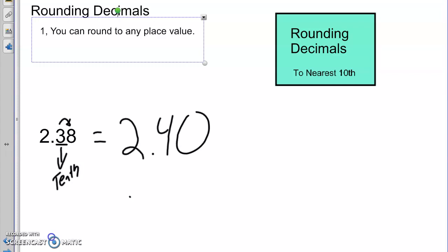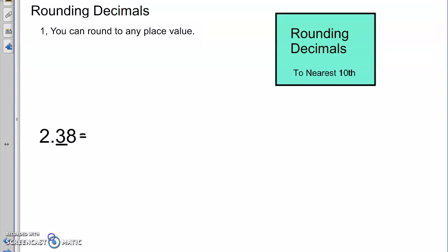You could say 2 and 40 hundredths, but you don't need that because 2 and 4 tenths equals 2 and 40 hundredths. We don't like to write the zeros to the right of the decimal if we don't need them. So 2 and 38 hundredths rounds to 2 and 4 tenths because we're rounding to the tenths. And now let's look at that second part.